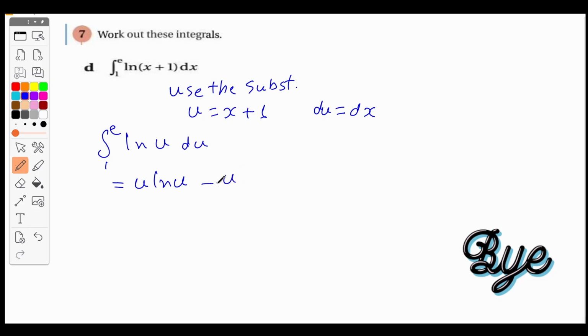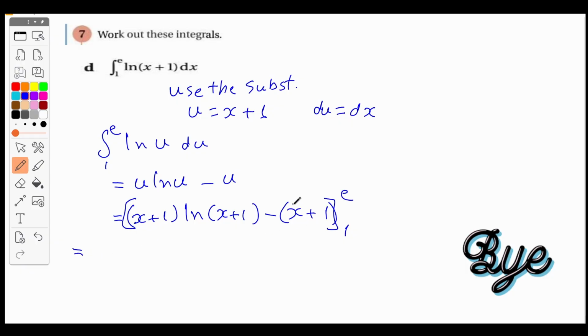So if we plug in u equals x plus 1, the final integration is x plus 1, which is u, times ln of x plus 1, minus x plus 1. And this is limited integration from 1 to e.